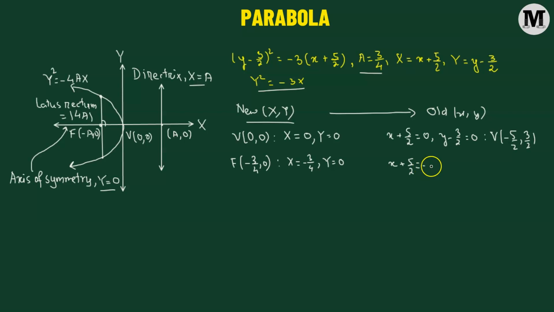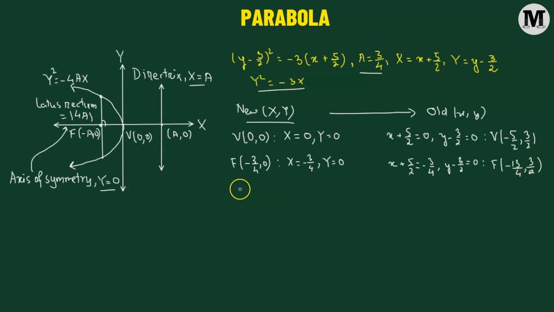So this will be equal to negative 3 over 4. And then Y equals 0 means we have y minus 3 over 2 equals 0. When you solve for x and y, we're going to get the coordinates of the focus in the old coordinate system. So the x coordinate is going to be negative 13 over 4 and the y coordinate will be 3 over 2.